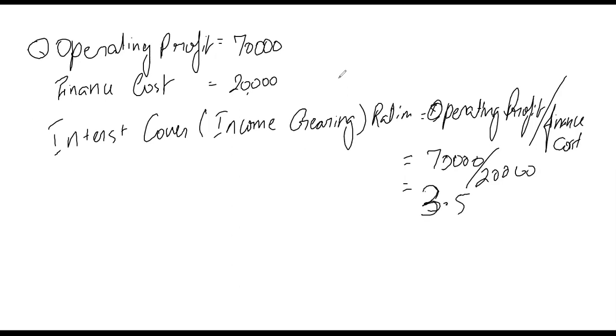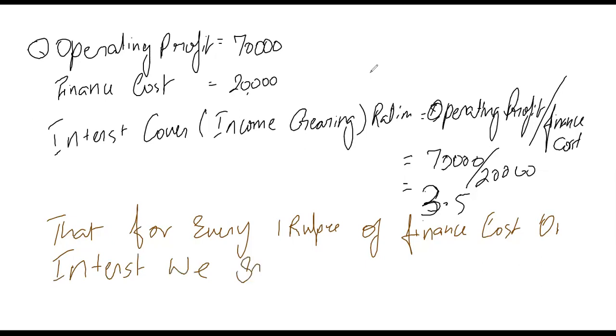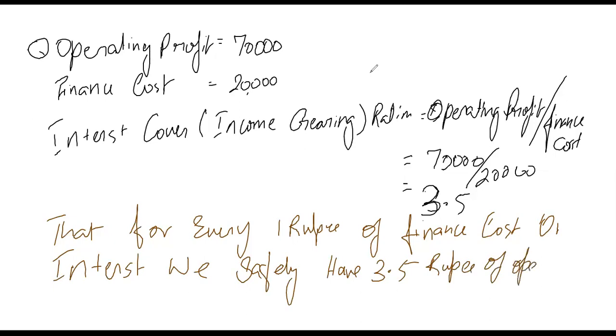3.5. Now, the interpretation of this ratio is that for every 1 rupee of finance cost or interest, we safely have 3.5 rupees of operating profit.